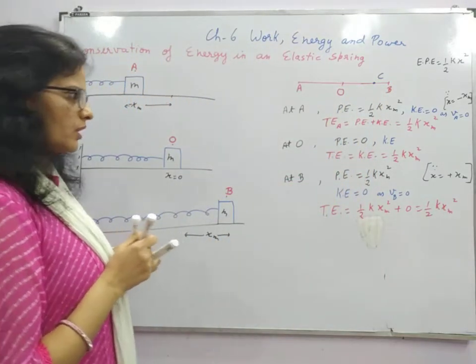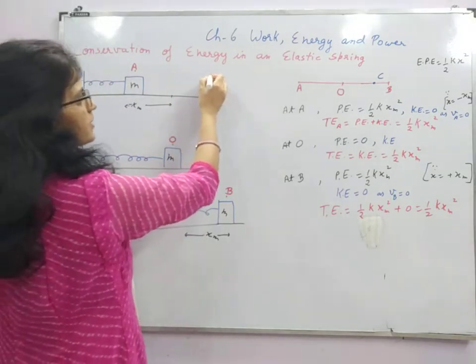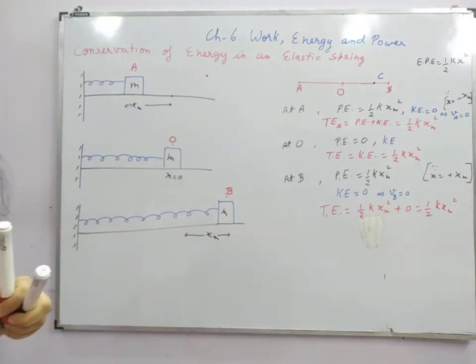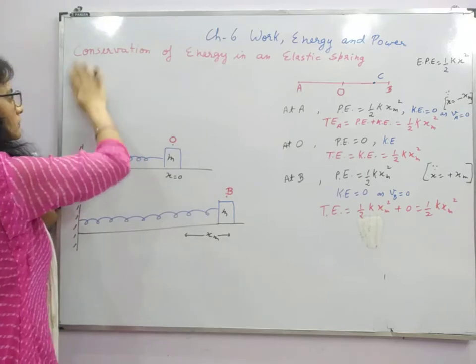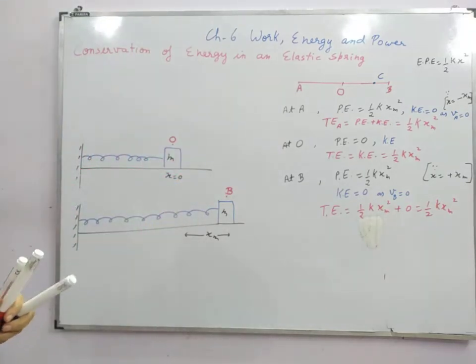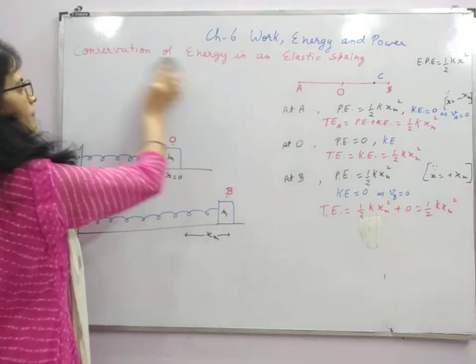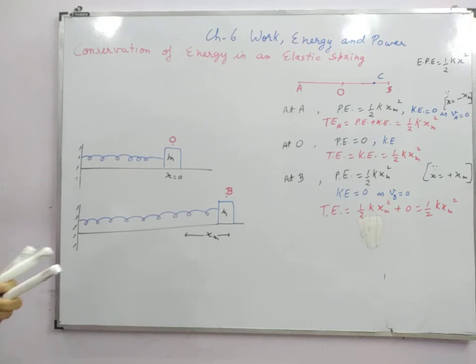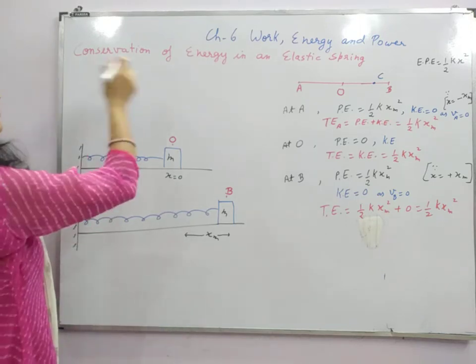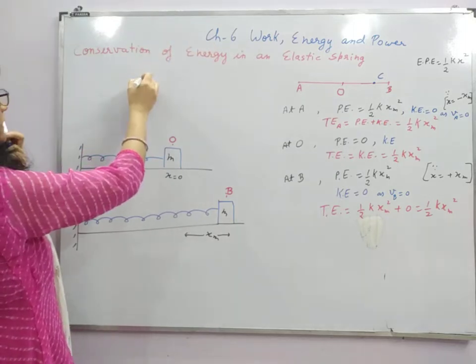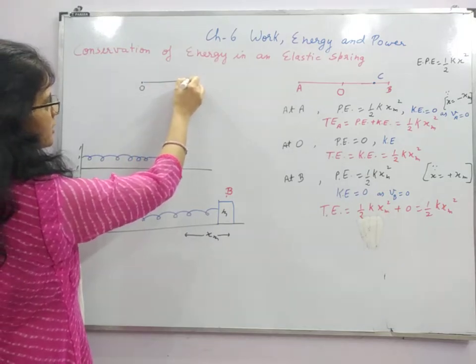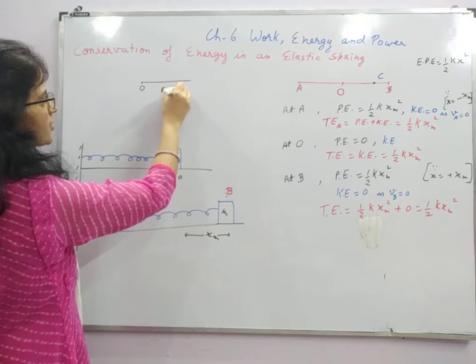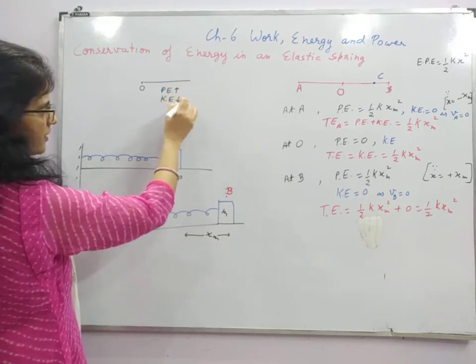So at C, now again look at this, when it is moving from O to B, the potential energy is increasing and the kinetic energy is decreasing.